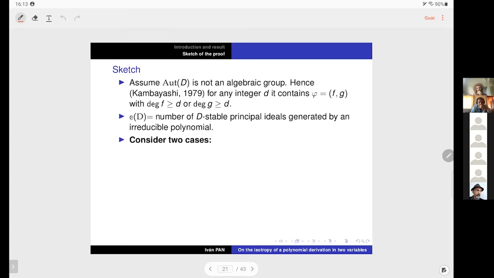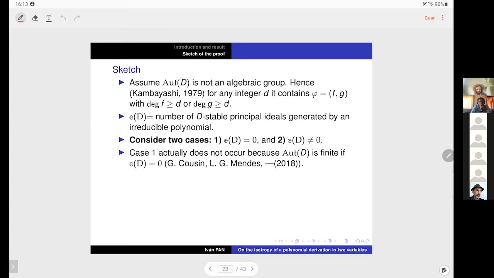And consider two cases: when this number is 0, that is, there is no such D-stable principal ideal, or there exists at least one. In the first case, one may prove that the isotropy is finite.